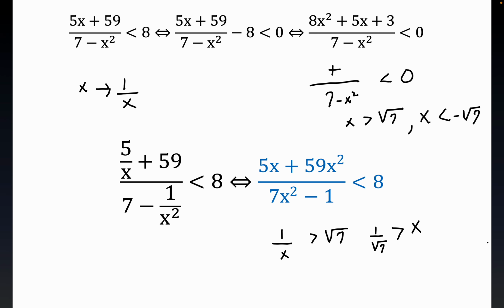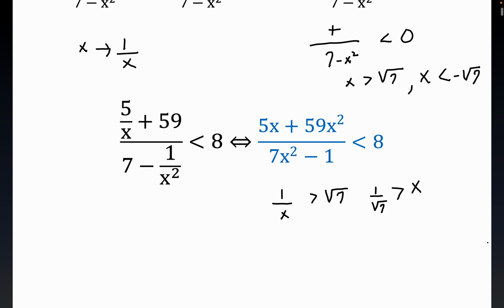And also, we're going to get 1 over x is less than minus root 7.